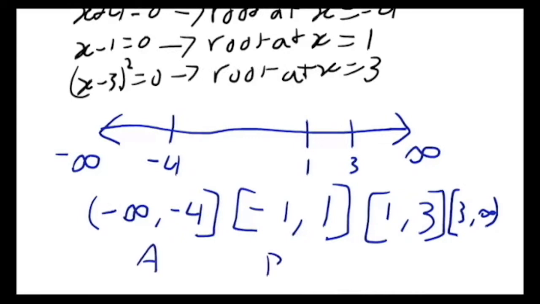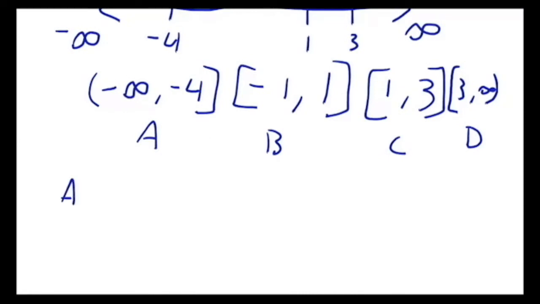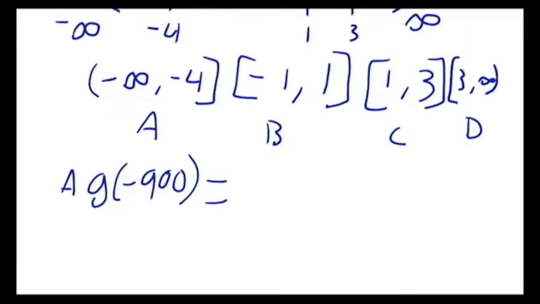Now I'm going to label these intervals A, B, C, and D. And now I'm going to plug a number in between these intervals into the polynomial. So if I get a positive answer from the polynomial, it'll be greater than or equal to 0.